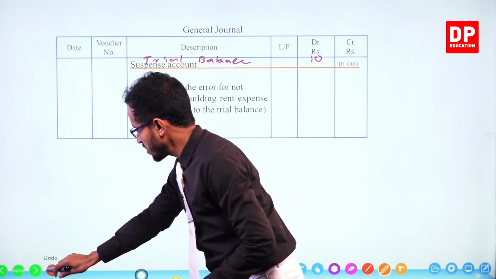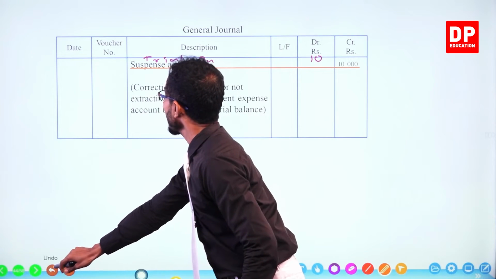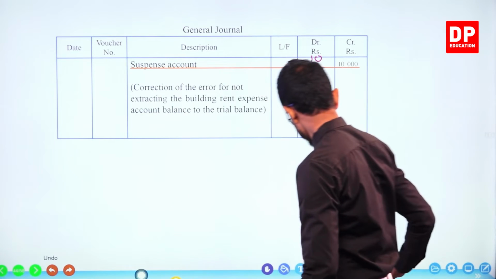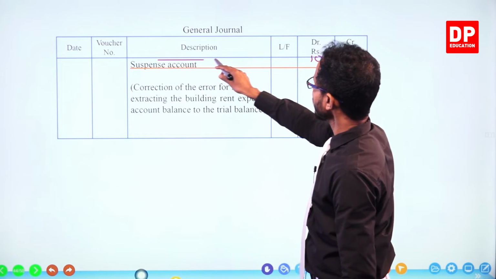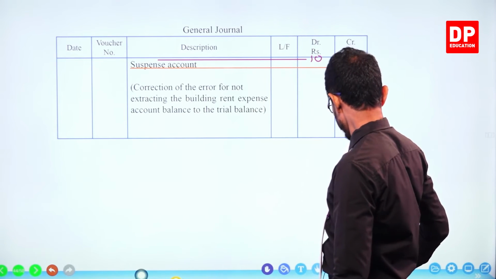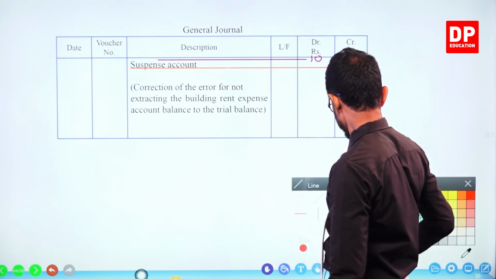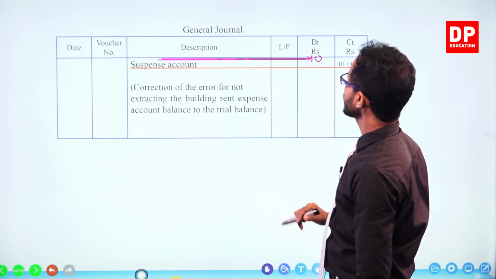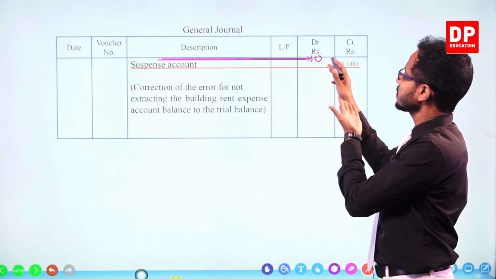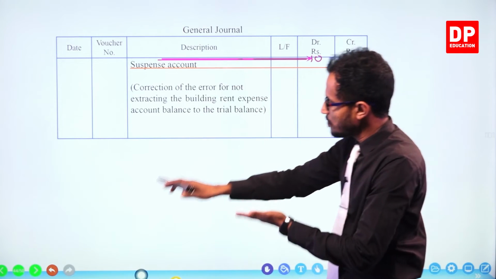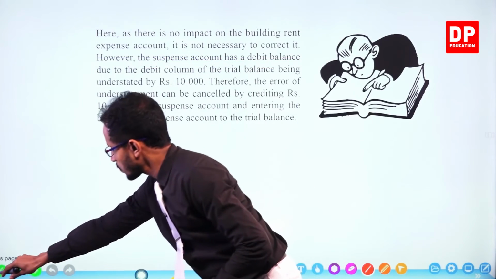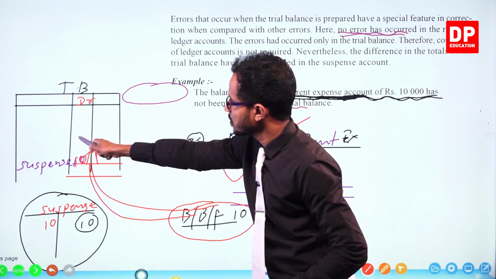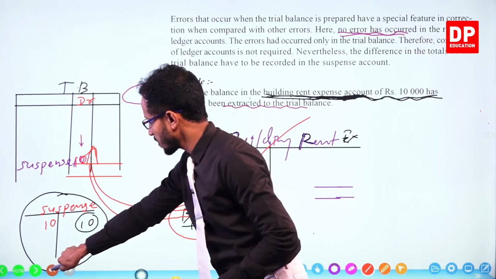You just leave the description column blank, and just put 10,000 to the debit column, just to show that 10,000 is debited to the trial balance likewise in the debit column of the trial balance.